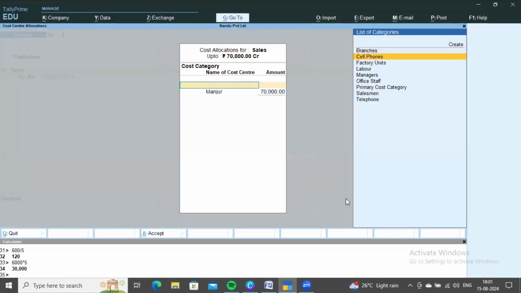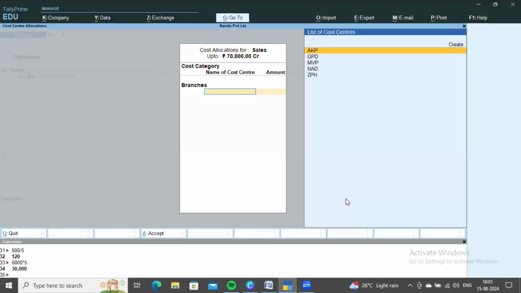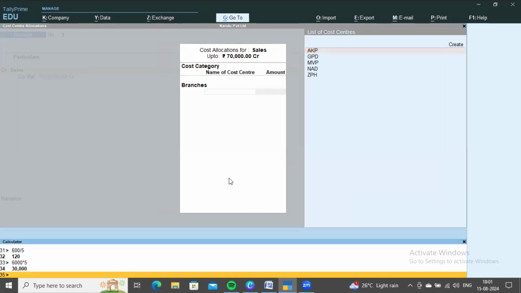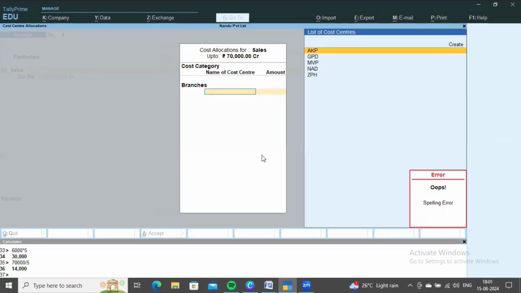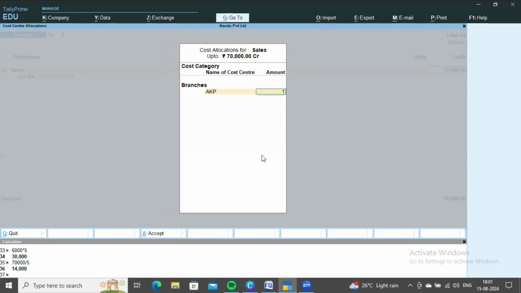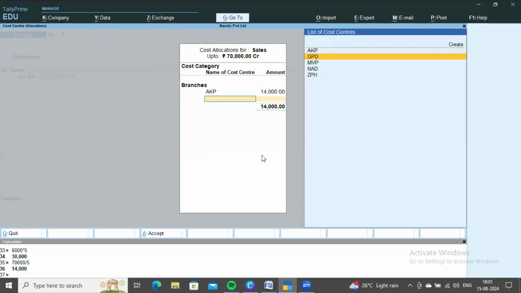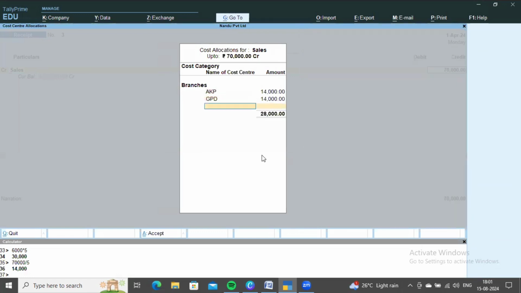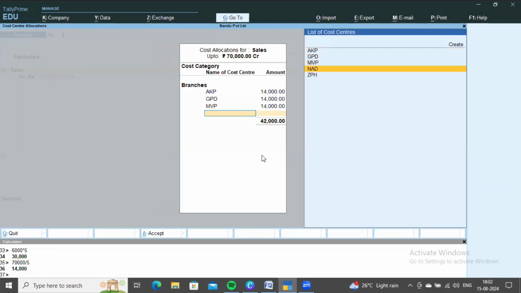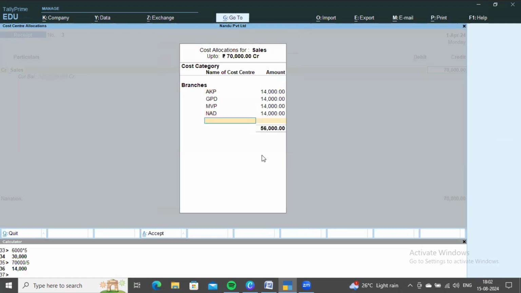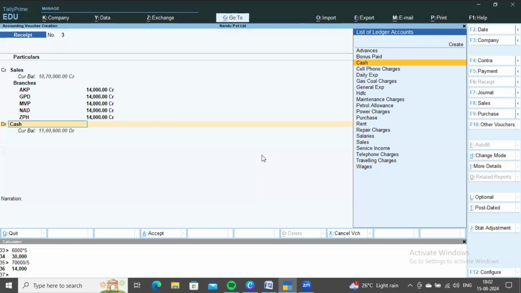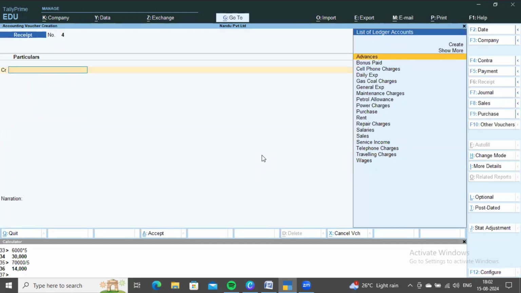You are selling through the branch category, right? 70,000 equally means you need to calculate 70,000 divided by 5, and 14,000 each. And debit cash account as cash is coming in.